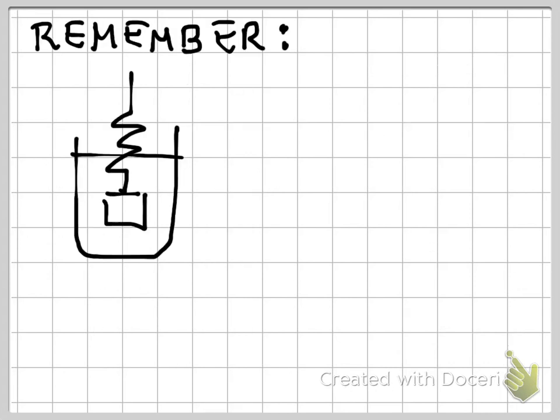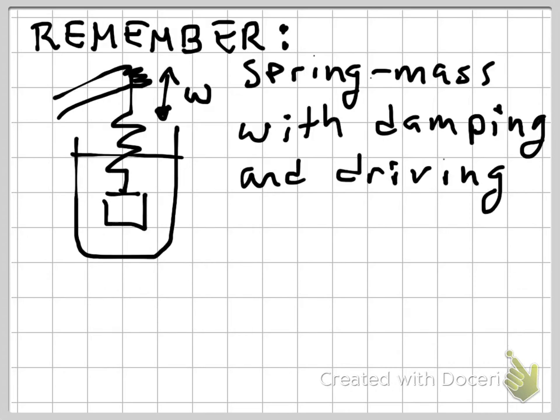For a mass spring system, which we considered before with damping, assume that we have a mass hanging from a spring, immersed in some liquid, water, oil, or something like that, and we're going to drive this system. We consider this system driven, meaning that we can shake one end of the spring with a certain angular frequency omega.